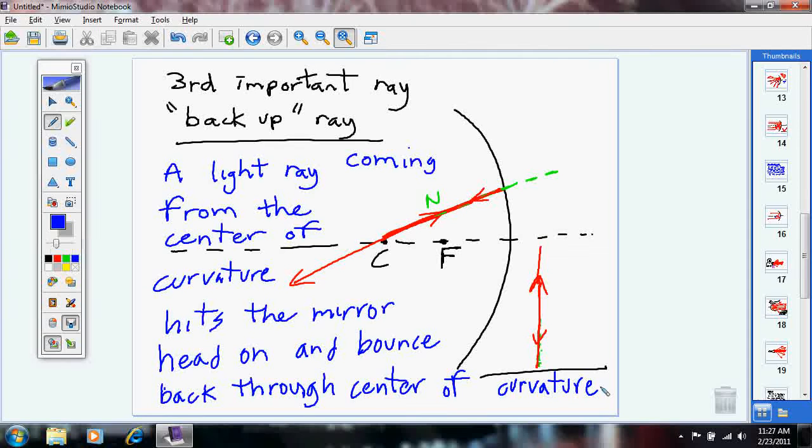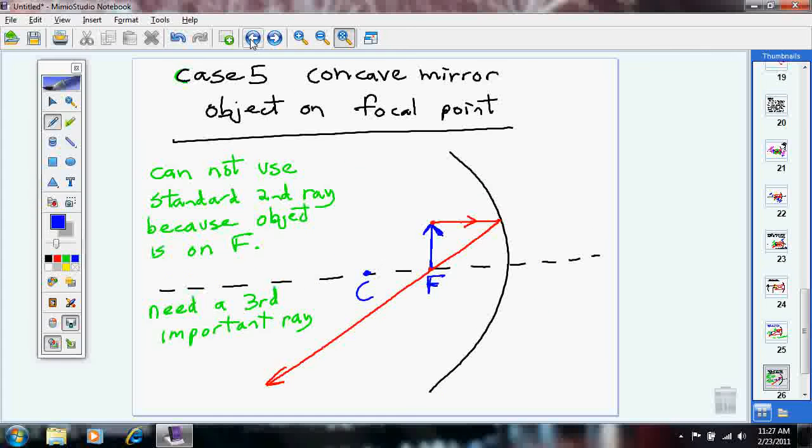Ready? So let's go back and use our backup ray now. We have our first standard important ray, light ray going parallel to the principal axis, reflects back through the focal point. We can't use the second standard one because the light ray going from the head through the focal point usually doesn't even hit the mirror. So we use our backup ray.